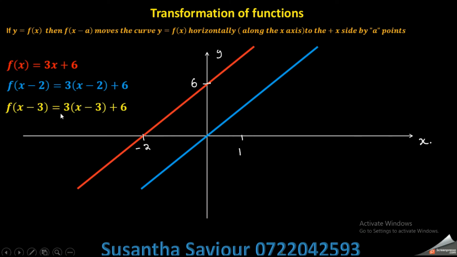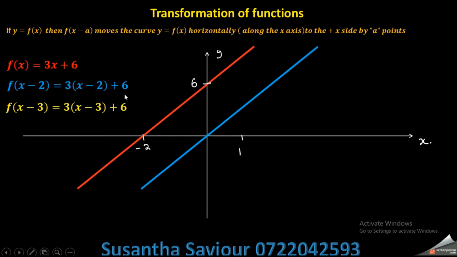So this will be further moving towards the right hand side, positive x direction by how many points? 3 points. Here this indicates the number of points which the graph will be moved towards the right. So in this case it was 2, in this case it is 3. If we had 1 here, then it will be 1, right?